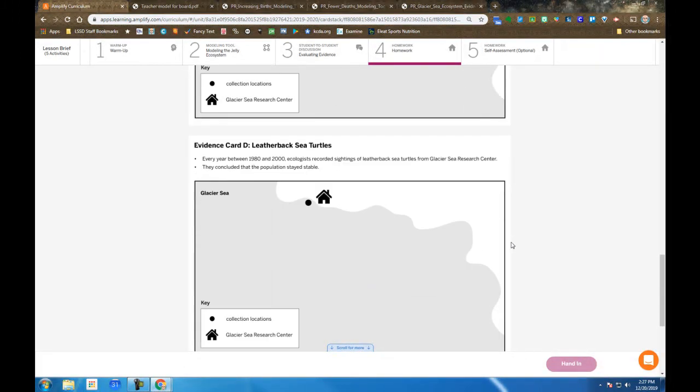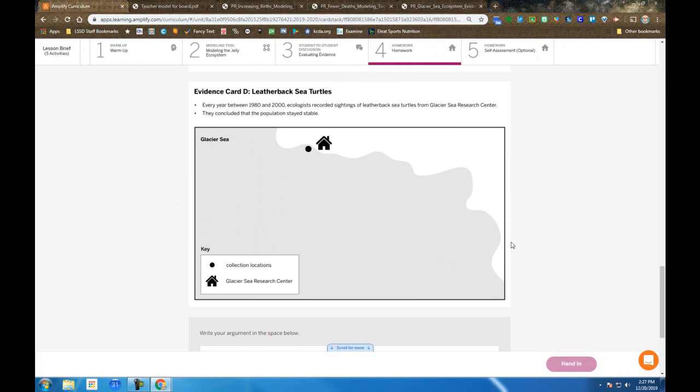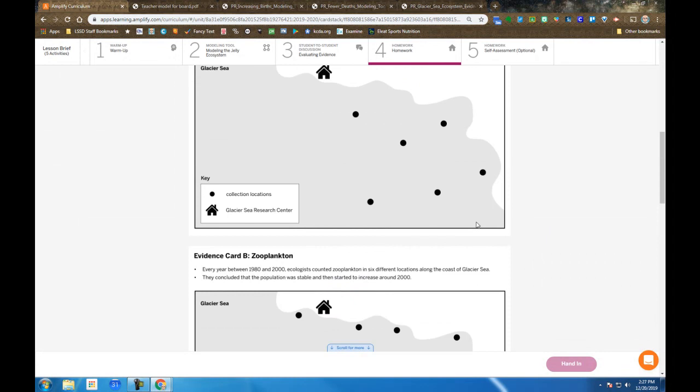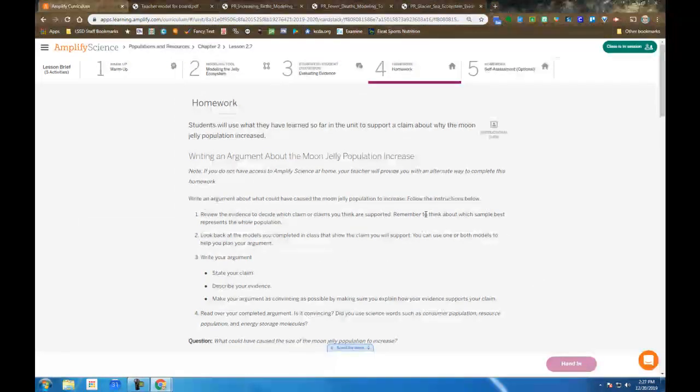What's responsible for the population changes, and do they or do they not? Are they or are they not caused by a change in turtle population, a change in algae or zooplankton population?